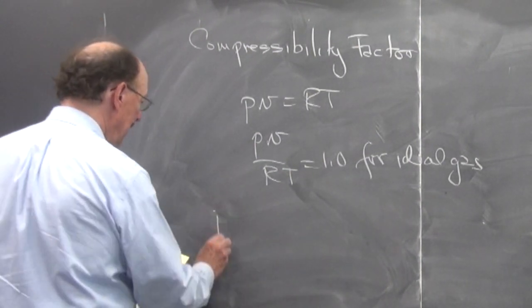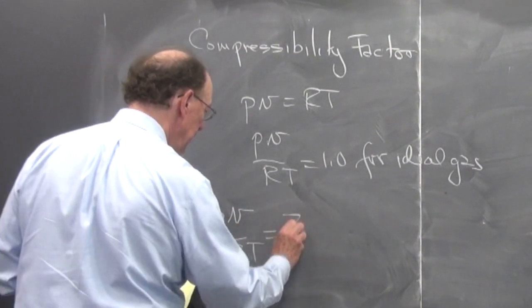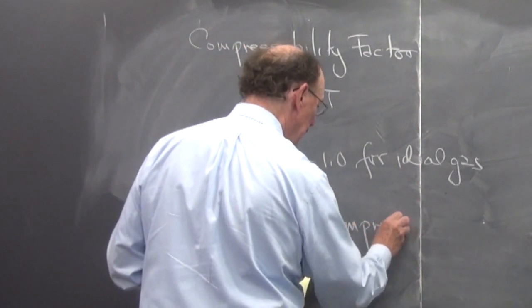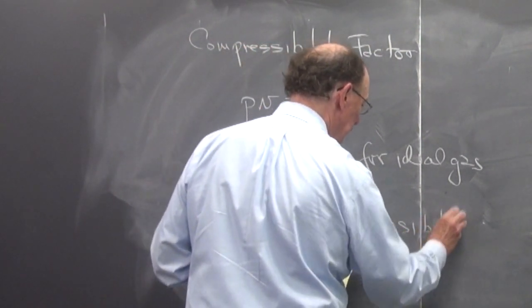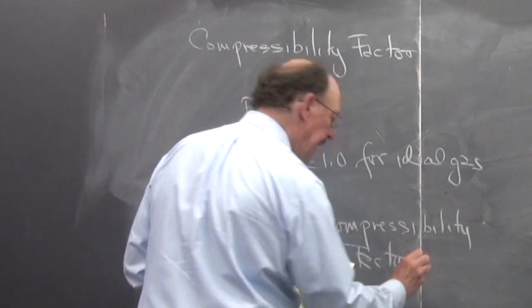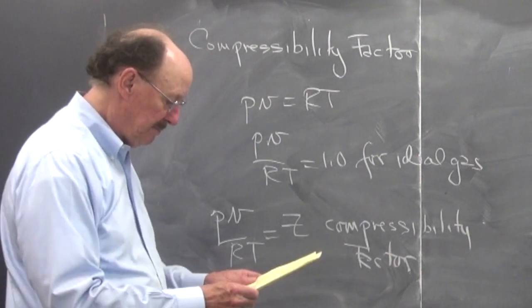So PV over RT is equal to Z, where Z is the compressibility factor, and it accounts for non-ideal gas behavior.